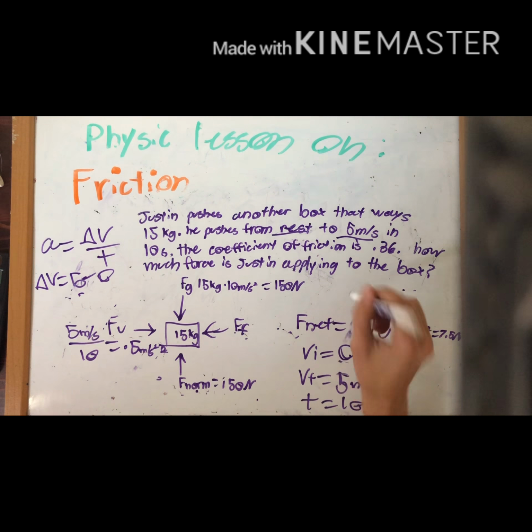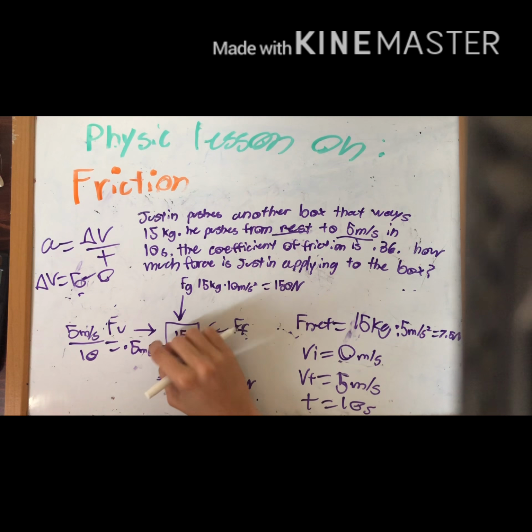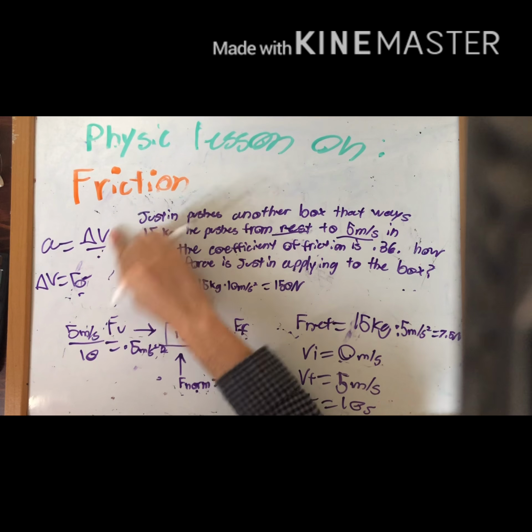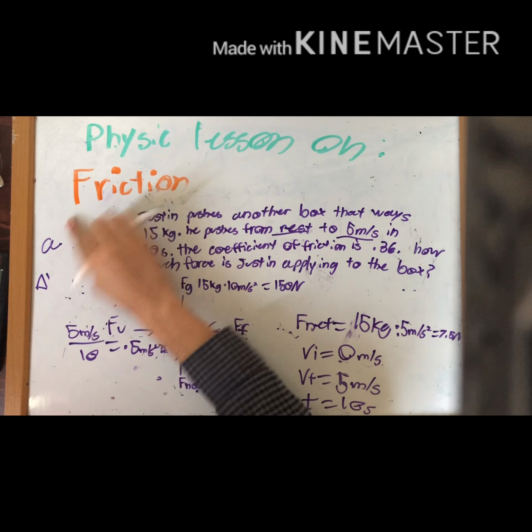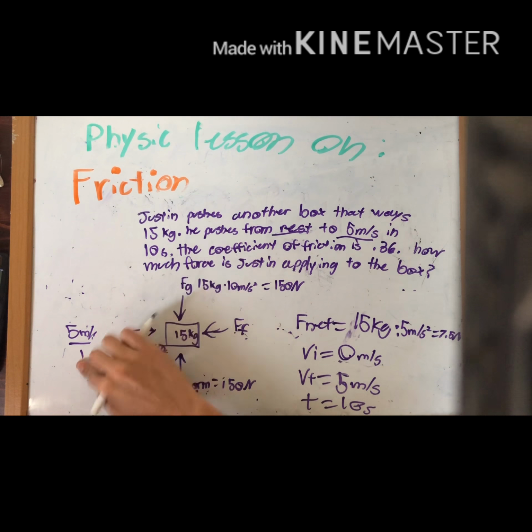With the net force, we can't really do anything yet, but the problem also gives us our coefficient of friction, which we can use along with force norm to find the force of friction.